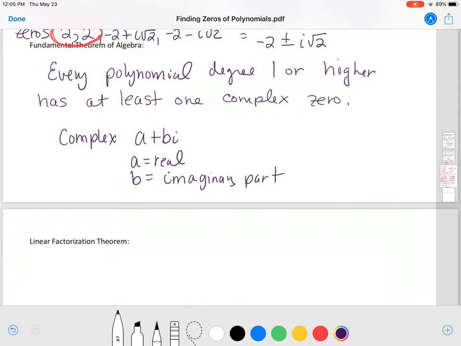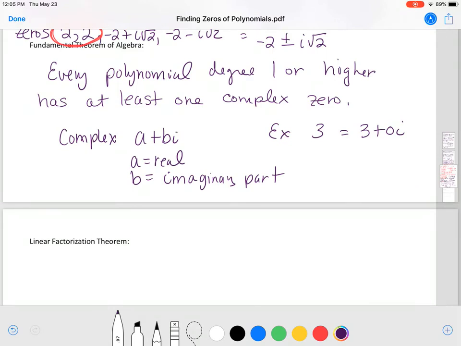So if you had a solution or a zero that was a real number, that's actually considered a complex number too, because we would just say the b is 0, that there is no imaginary part. So for example, just the number 3 can be written as 3 plus 0i.